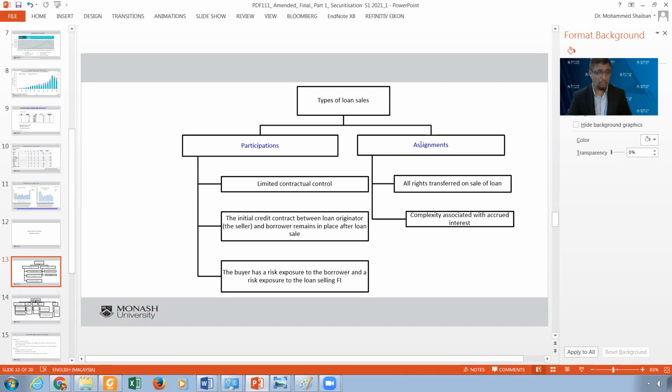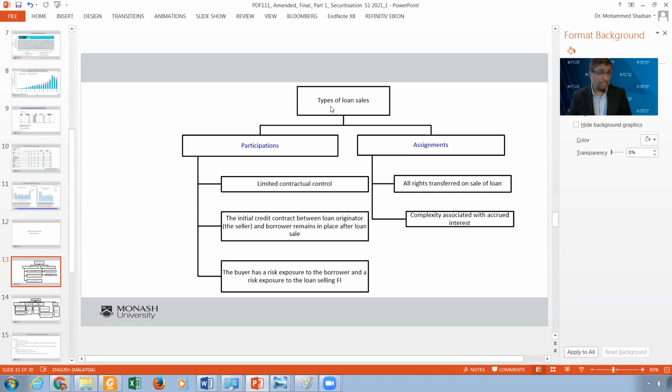Then they want to sell that loan. They sell the future cash flow and the interest of this loan to somebody else, collect the money now, bring it to the bank as cash, and take the loan out of their balance sheet.